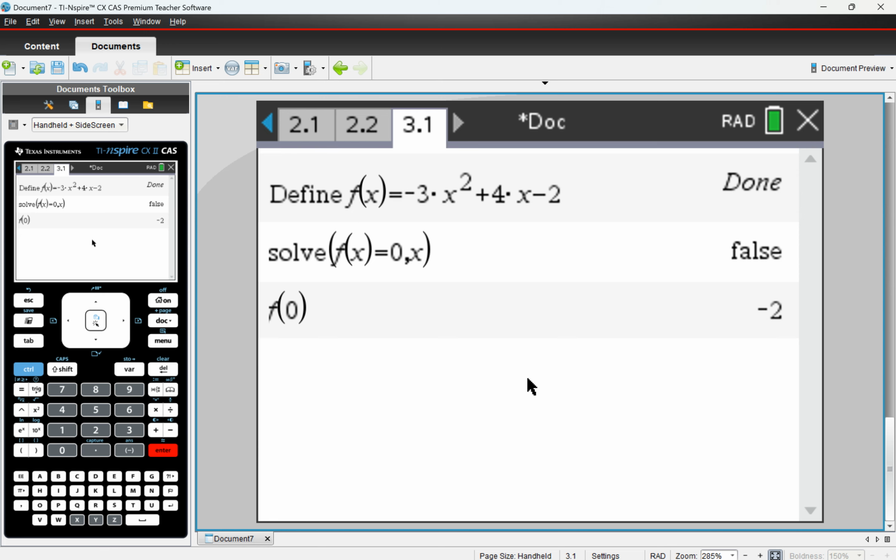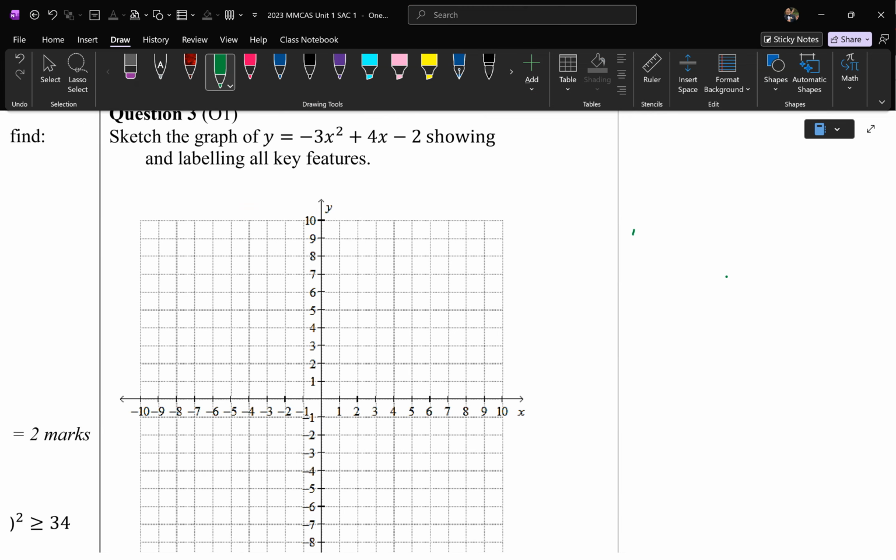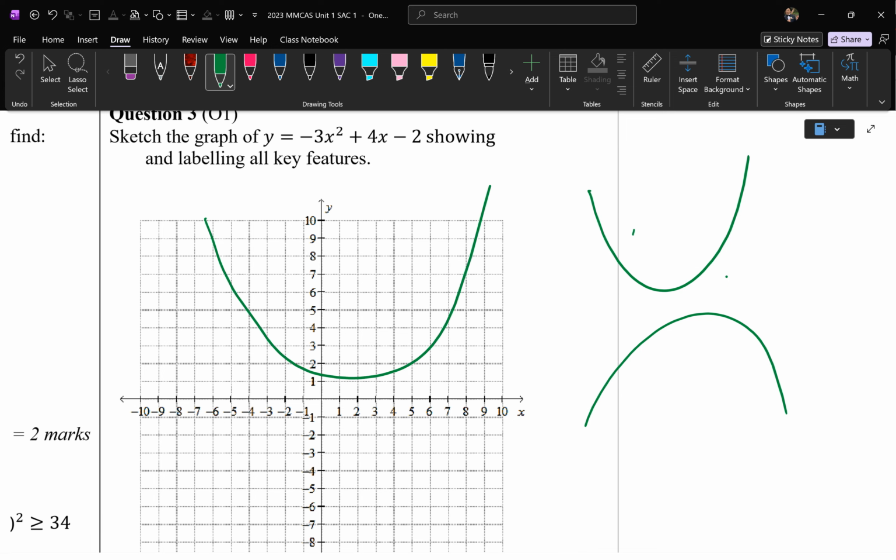So far, this is what we've got. We know this graph could either be a smiley face or a frown. We know it doesn't touch the x-axis, so it could be above or it could be below the x-axis. But we do know that the y-intercept can't be this one at the moment because it has to cross 0, -2. So I already know the y-intercept's here.